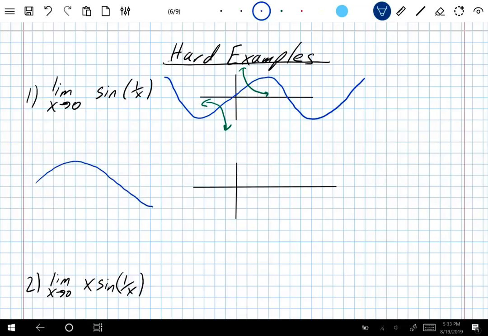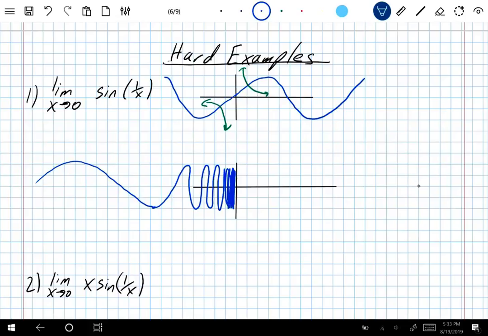But as I get closer and closer to 0, that sine of x is going faster and faster. It's going to go off to, in this case, negative infinity, which means I need to go through infinitely many periods of sine of x. Every 2 pi that this changes, I'm going to go through a single period, but this is changing faster and faster, and it's going to change infinitely much. And so as it goes faster and faster, I'm going to start cycling faster and faster. And I need to go up and down infinitely many times before I get to 0.